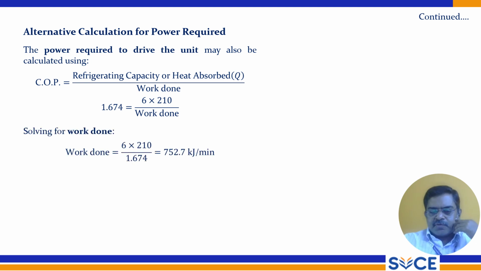Solving for work done, it is 752.7 kilojoules per minute. That can be converted into kilojoules per second, that becomes kilowatts. So it is also 12.54 kilowatts. So this is another way to find out the power required. This is the answer, and we have computed all 5 unknown parameters, and we will see the next problem, students.